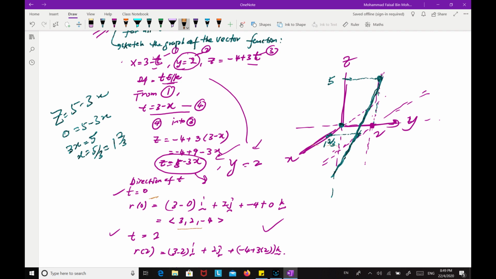Then negative 4 for z, it must touch this point.